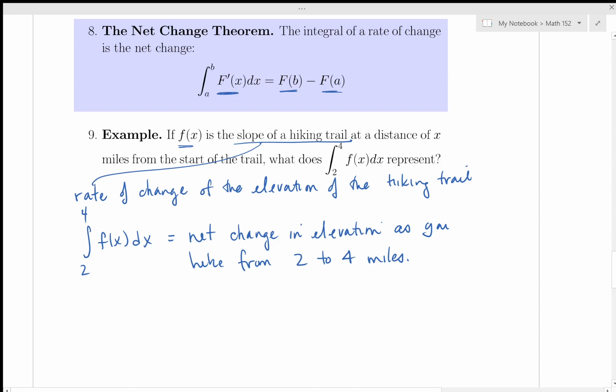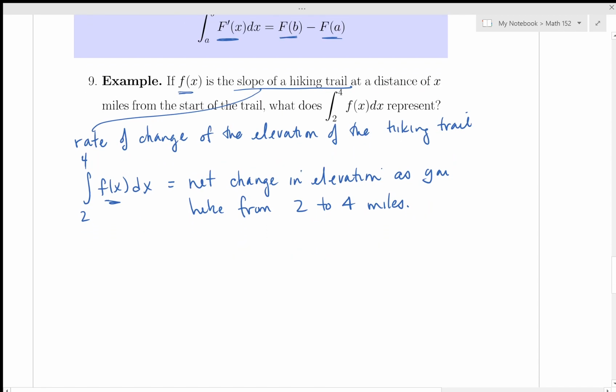You go from the mile 2 marker to the mile 4 marker, and you have an expression for the slope of the trail. Take this integral, and you'll find your net change in elevation.